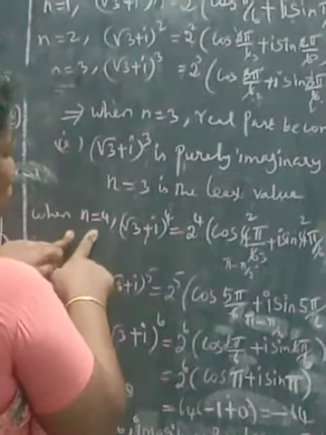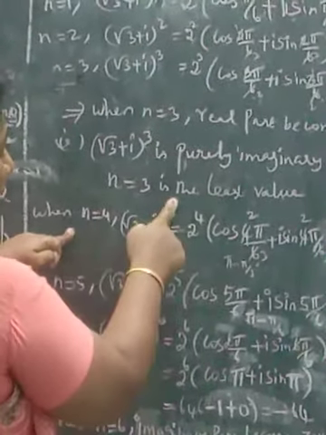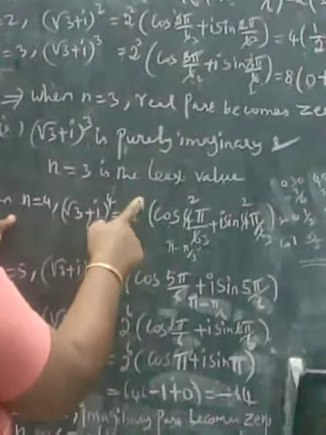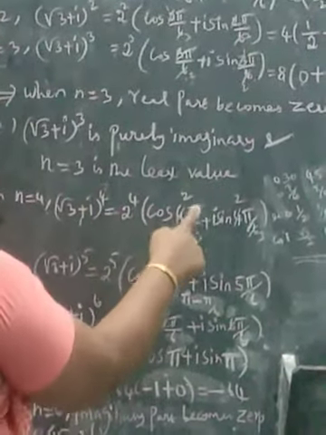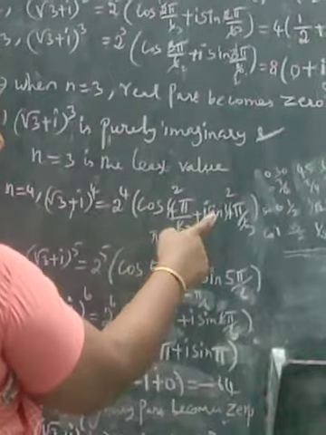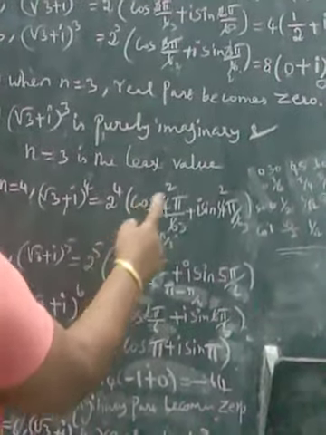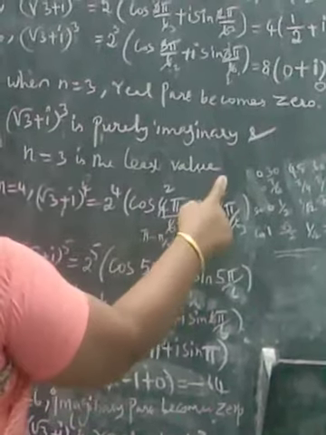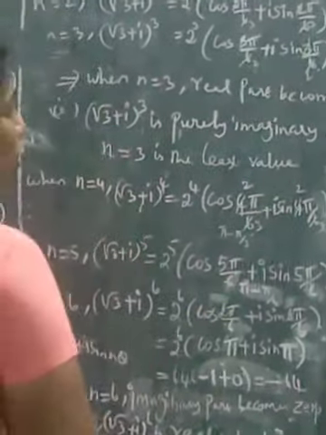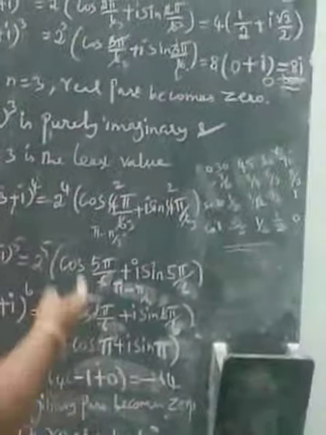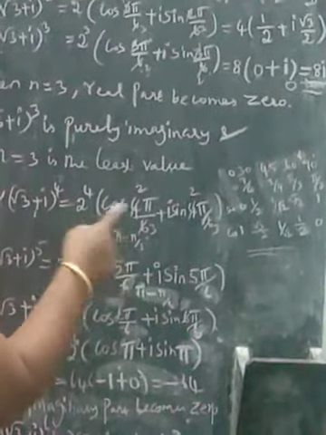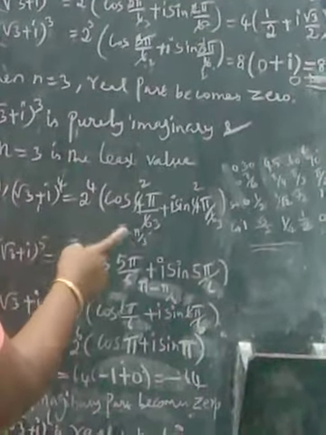For n equals 4, (root 3 plus i) to the power 4 equals 2 power 4 (cos 4 pi by 6 plus i sin 4 pi by 6). Now simplify this: cos 2 pi by 3 plus i sin 2 pi by 3. You know the value of cos pi by 3, but you may not know cos 2 pi by 3. But in 11th standard you learned the formula.